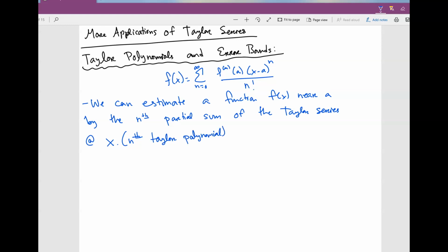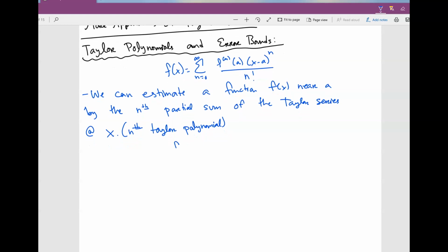Basically, you're trying to estimate the function f of x with this Taylor polynomial, t sub n of x. So I'm going to expand this series until the nth term, and then you get some sort of estimation.